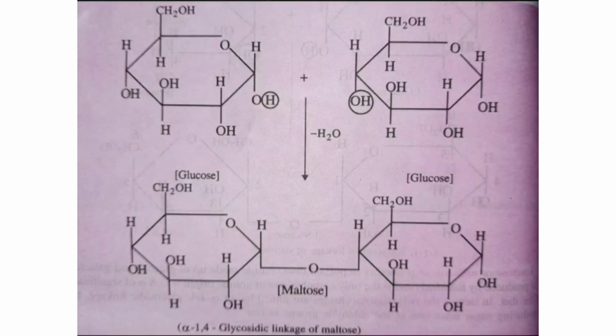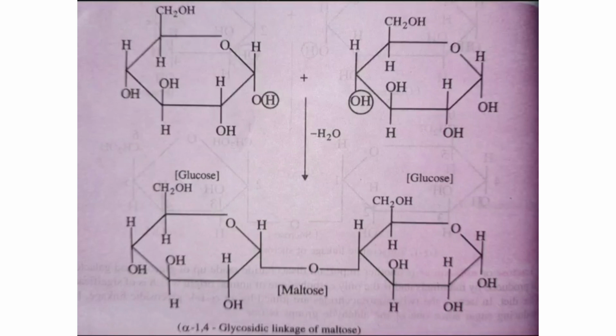In the structure of maltose, we can see that two glucose molecules are attached together. Maltose is a disaccharide of glucose and does not occur to any appreciable extent in foods.